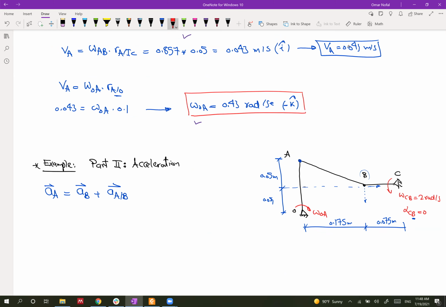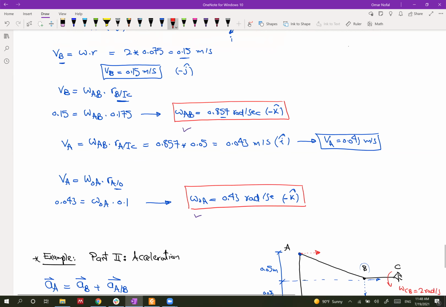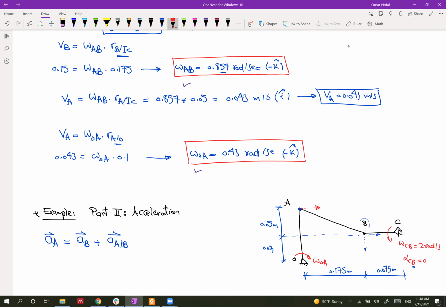So based on the omega OA, here, this is the velocity direction, and we need to do some assumptions about the alpha of these bodies. This is the omega OA, and this is the omega AB. It's in this direction.